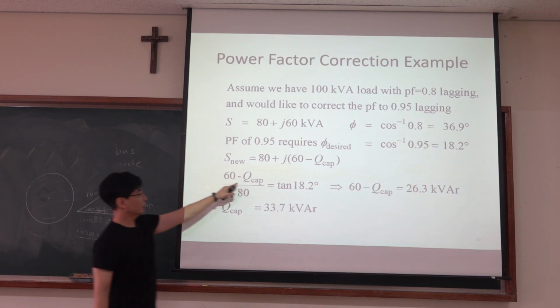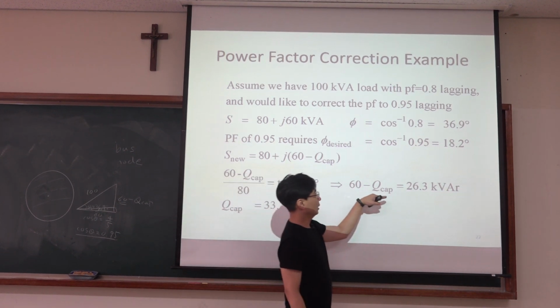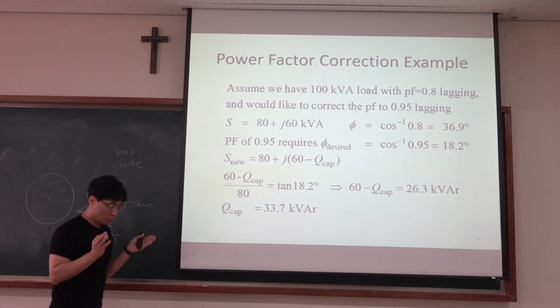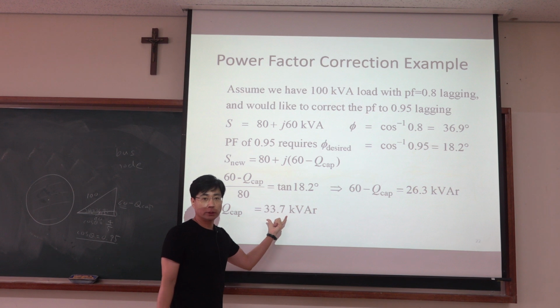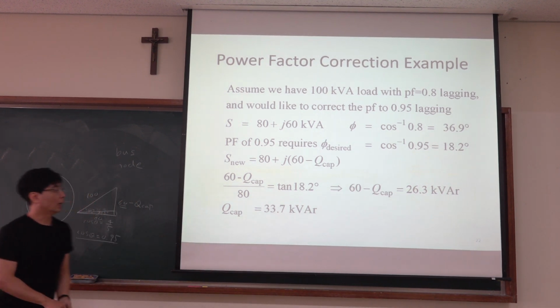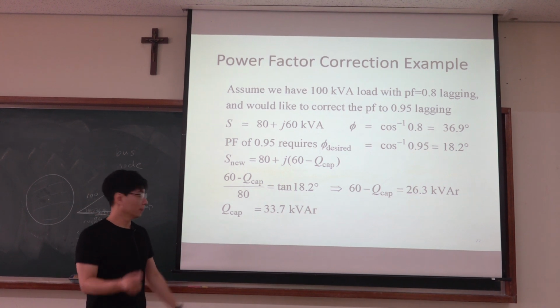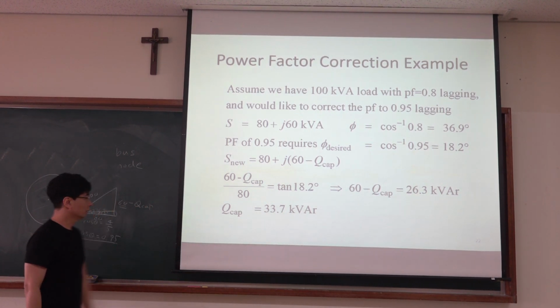So (60 minus Q cap) over 80 is this one. And then Q cap is computed like that. That means we need to inject this much reactive power at the load side. How can we do that? Choosing some capacitor that can provide this much reactive power, right?